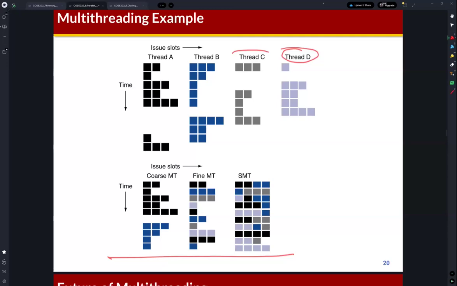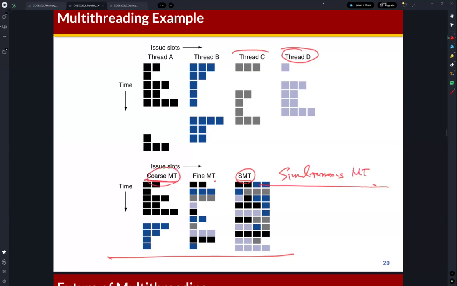Then we can define different multi-threading mechanisms: coarse-grained multi-threading, fine-grained multi-threading, and simultaneous multi-threading, called SMT.